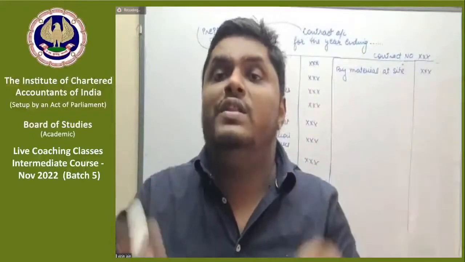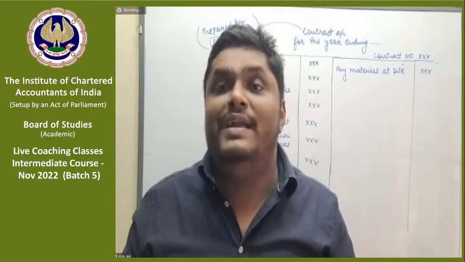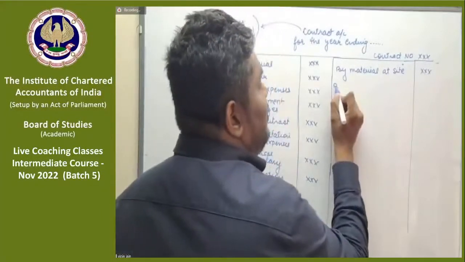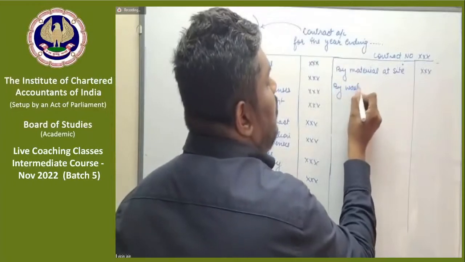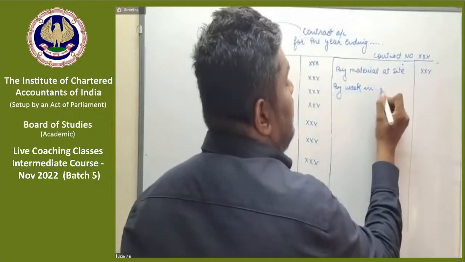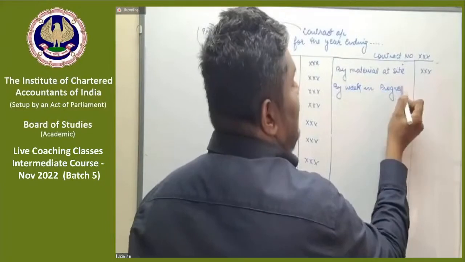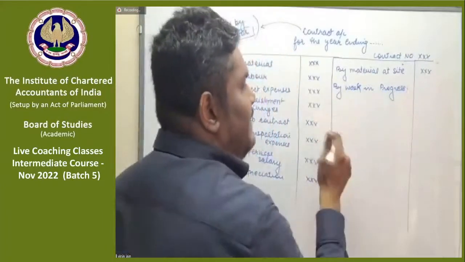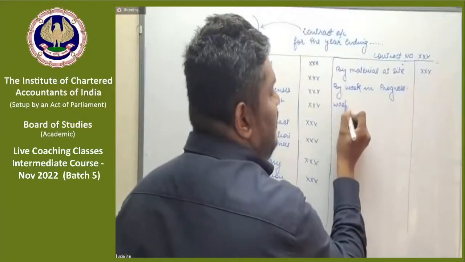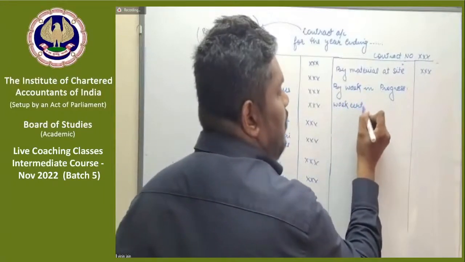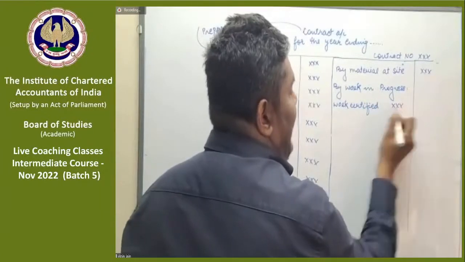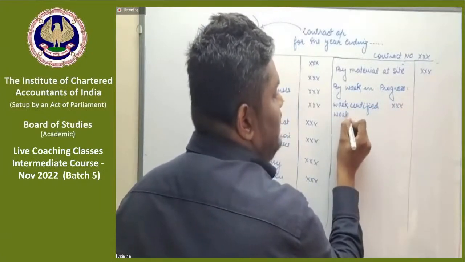Now, one more thing that is to be recorded in the contract, that is the work that has been completed. We call it work in progress. Work in progress, that is the work that has been completed. It covers work certified and work that is not certified.